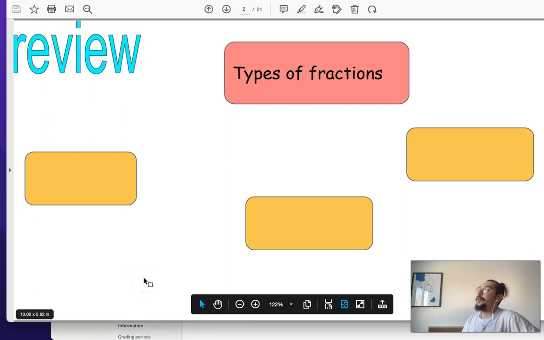So on this page, we are reviewing what type of fractions do we have, right? I'm gonna just tell you the first letter because we have three types of fractions.